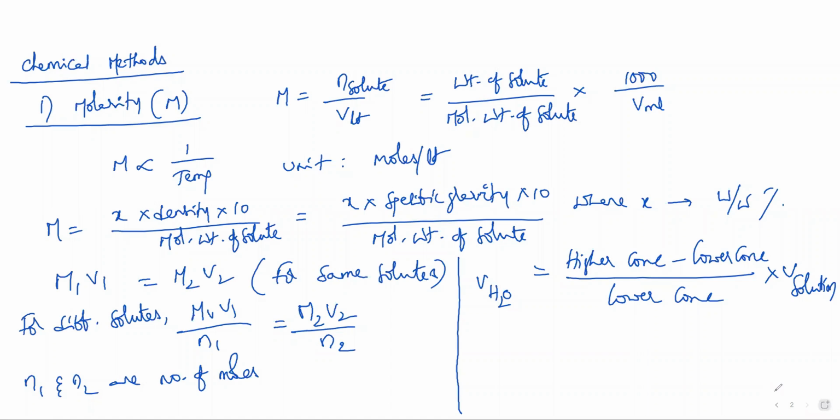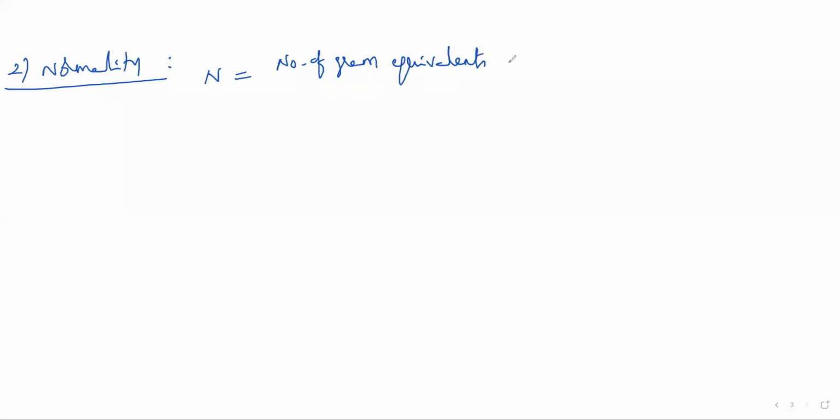Then normality. What is normality? Normality is given by number of gram equivalents of solute by volume of solution in liters.